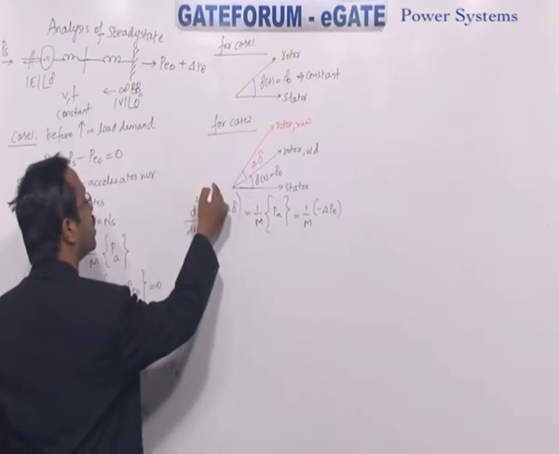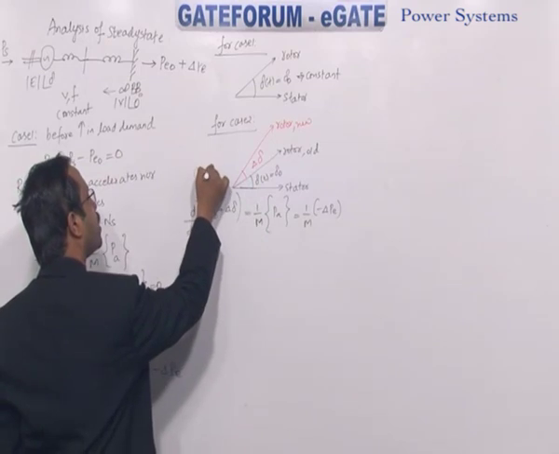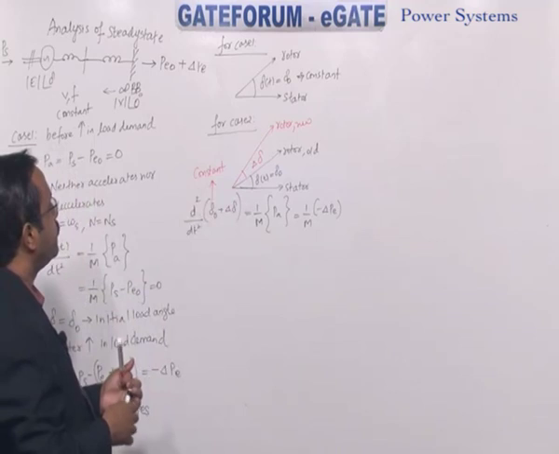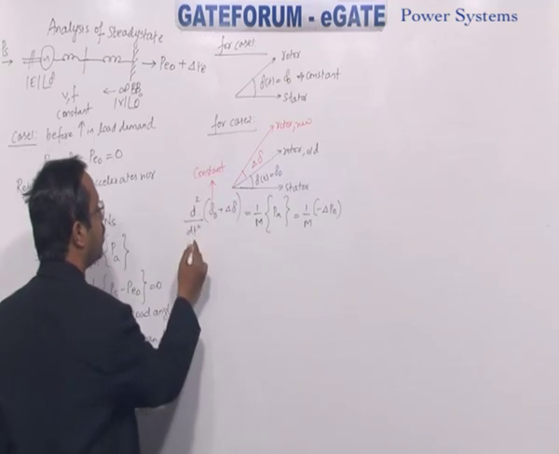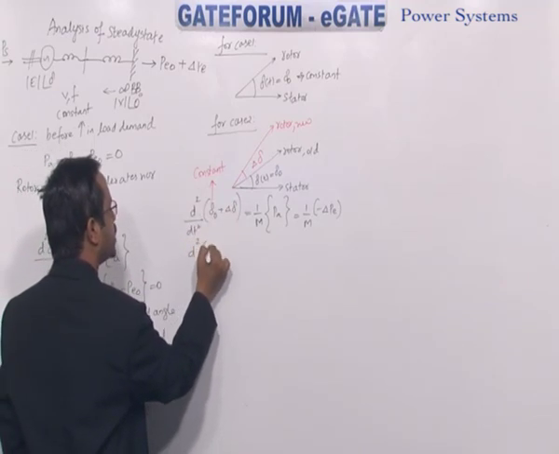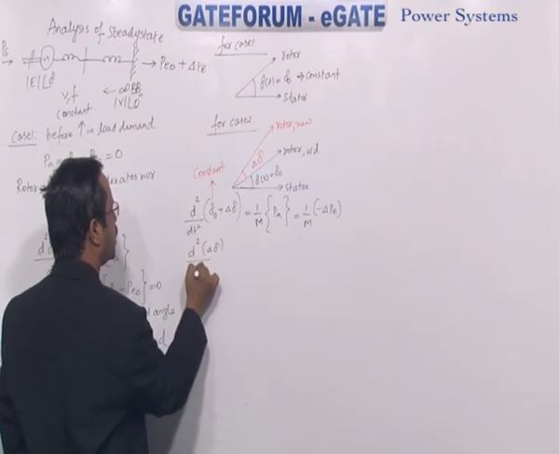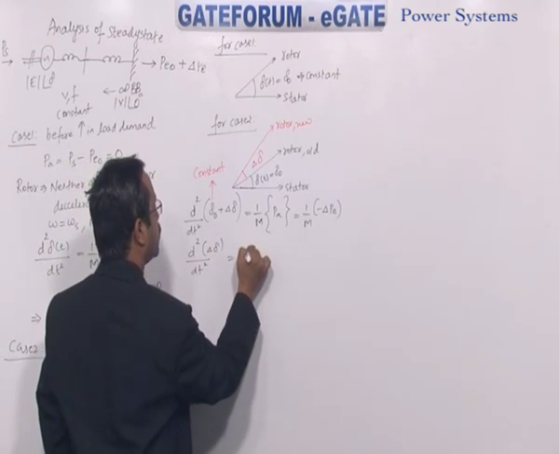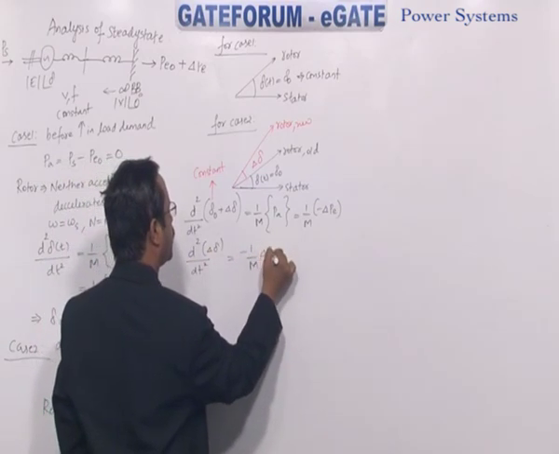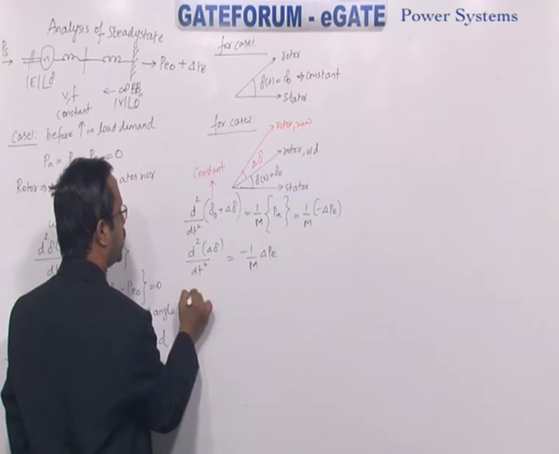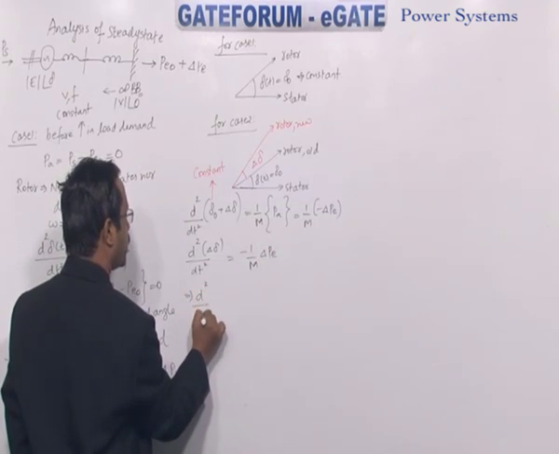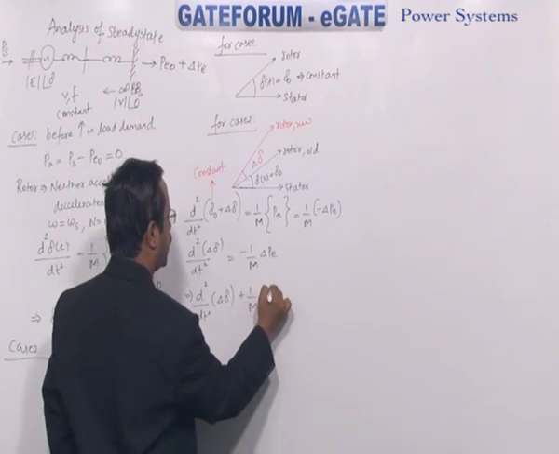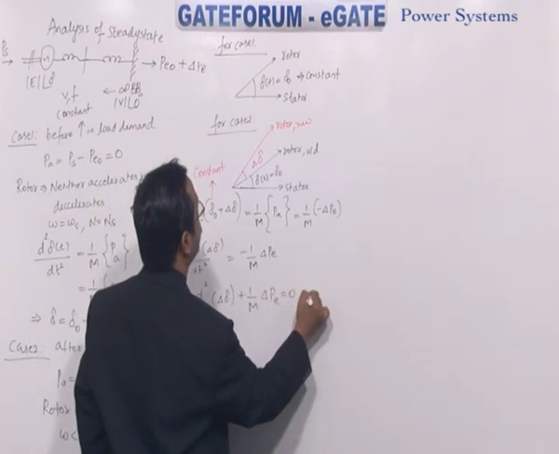Now as this delta naught is constant, what will be its derivative? 0. If its derivative is 0, we write only d square delta by dt square. And what about this side? Minus 1 by m delta Pe. Take that to the left hand side: d square by dt square delta plus 1 by m delta Pe is 0.